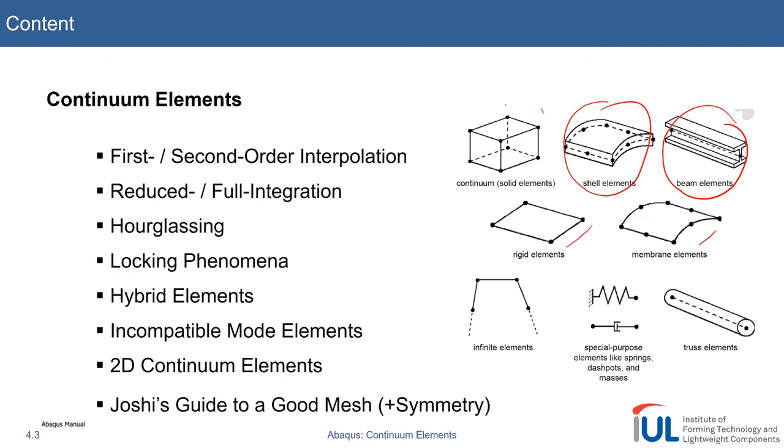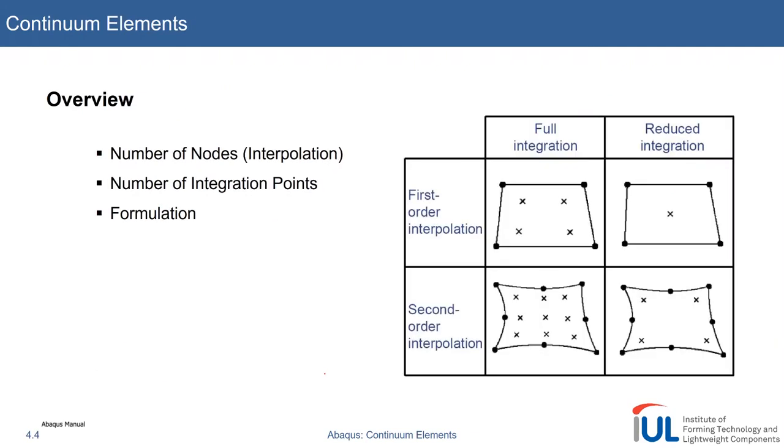So today we'll talk about, I would say, the most important class of elements, the continuum elements or solid elements. And don't be confused, this includes 2D and 3D elements. We will first talk about very general classifications of continuum elements and later about the 2D continuum elements specifically, because they incorporate some special assumptions which make them work. So let's start right away.